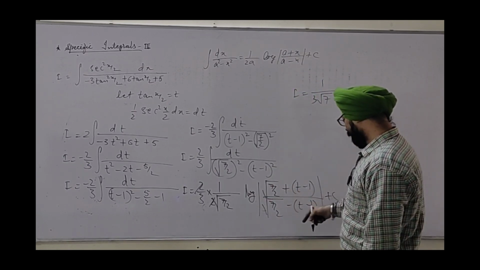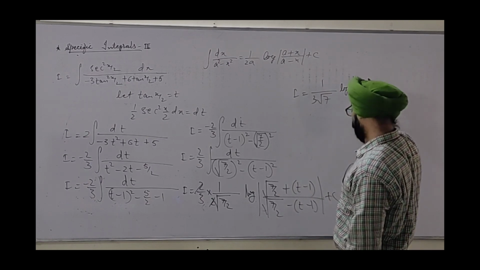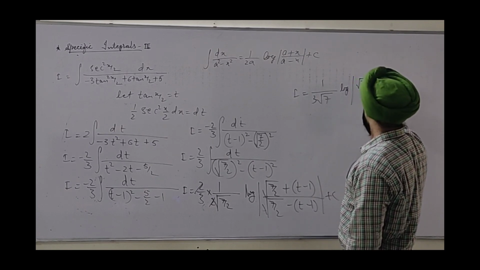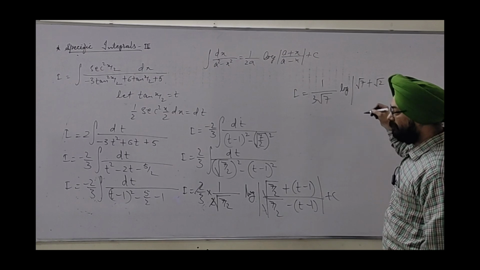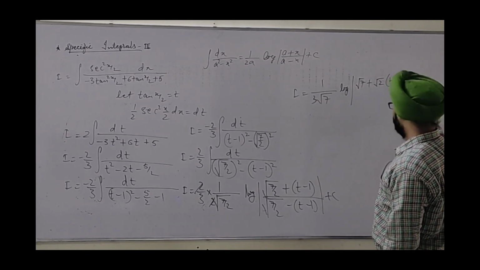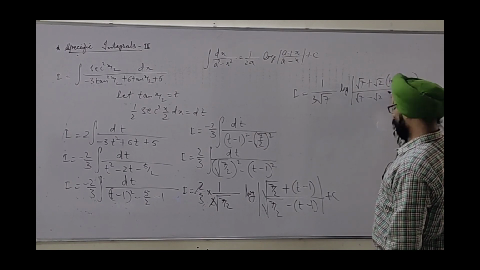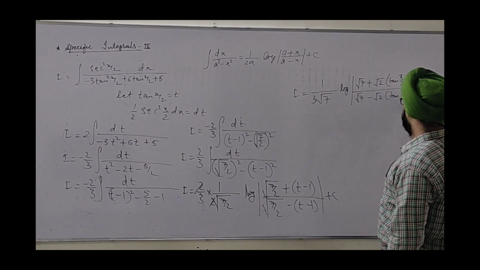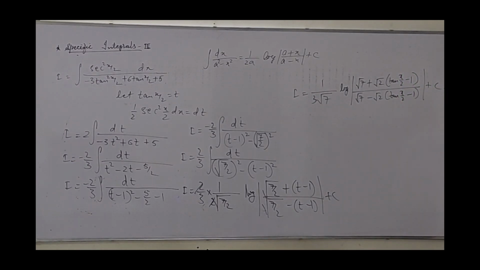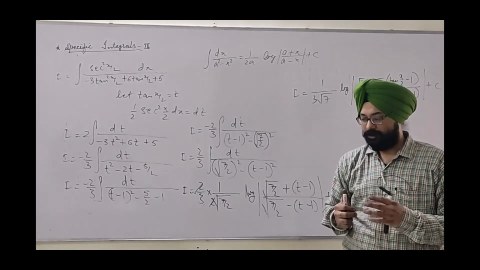Here also if I take LCM, we are left with log of root 7 plus root 2 tan x by 2 minus 1 upon root 7 minus root 2 tan x by 2 minus 1, plus c. So this much, but I hope that all these patterns you have understood very well.